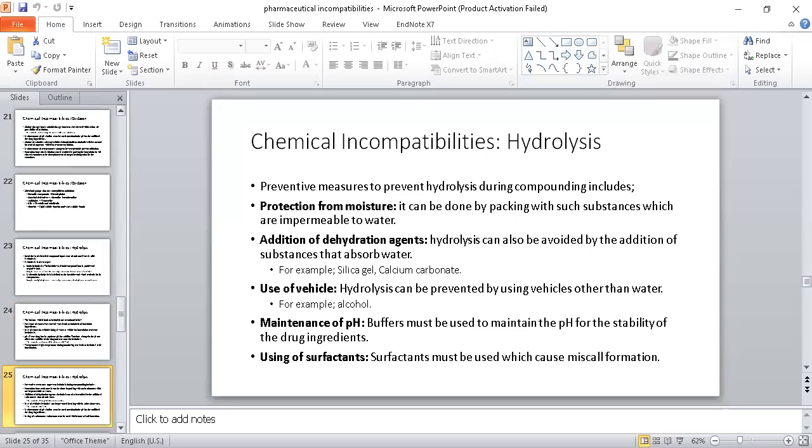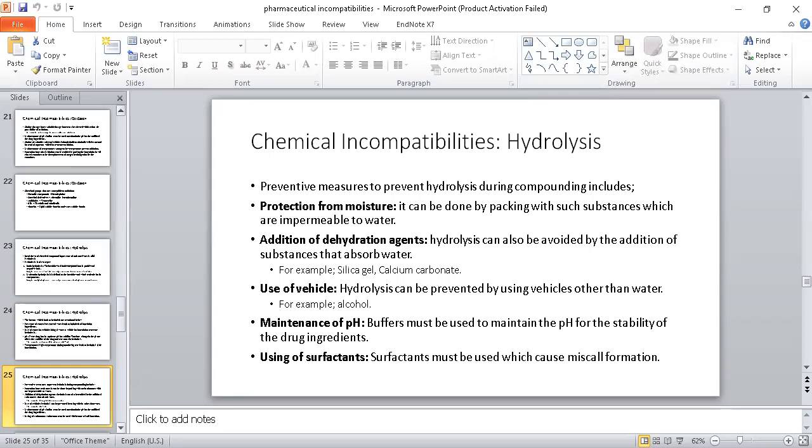Prevention measures to prevent hydrolysis during compounding include protection from moisture. It can be done by packing with substances which are impermeable to water, and addition of dehydrating agents. Hydrolysis can be avoided by the addition of substances that absorb water, for example, silica gel and calcium carbonate. Use of vehicle: hydrolysis can be prevented by using a vehicle other than water, for example, alcohol.